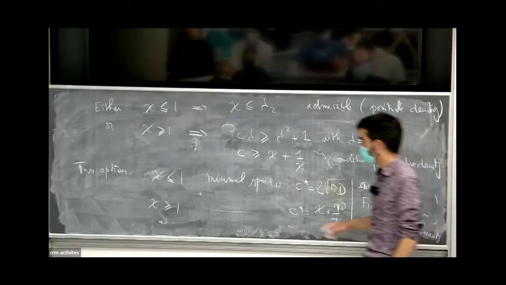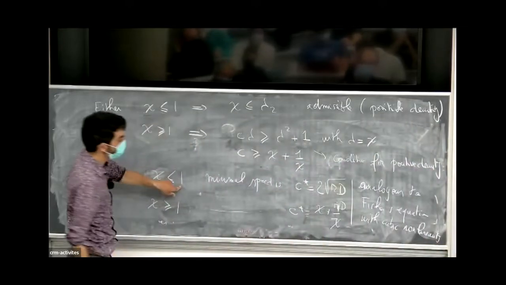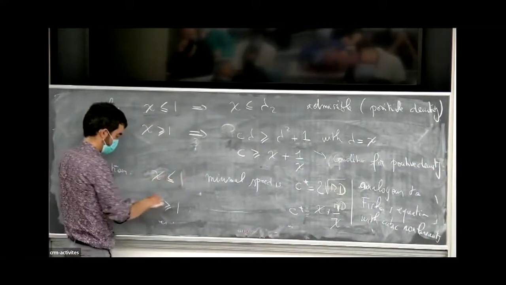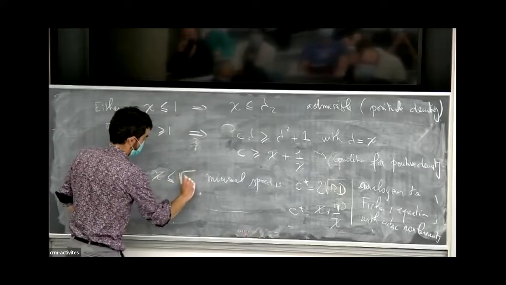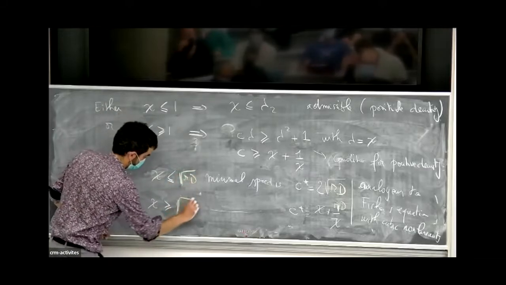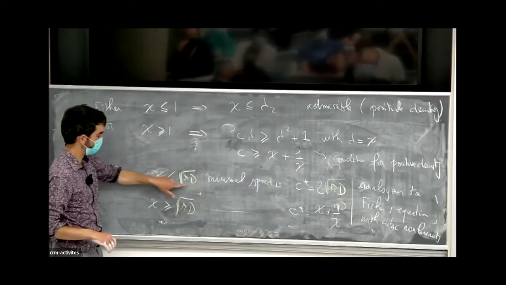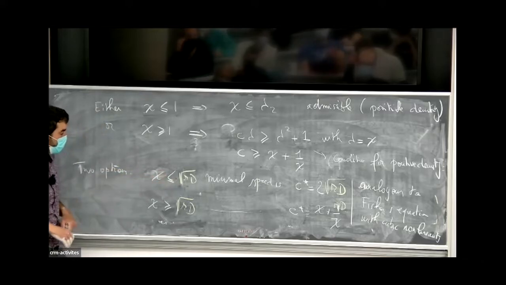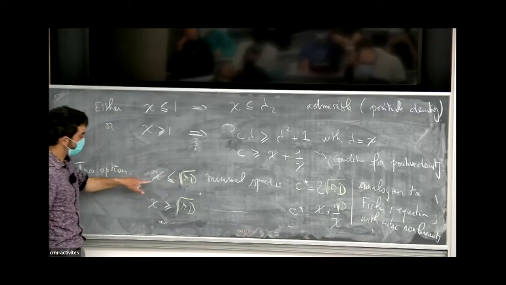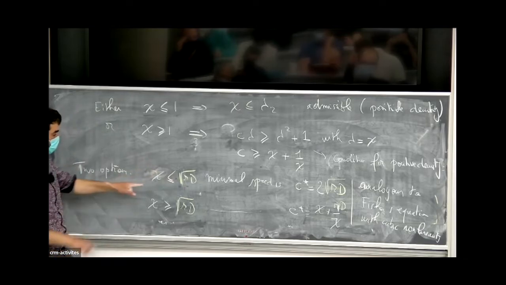But it's too small, but not compared to 2 or to root RD. This one is the root RD. It's not compared to 2, but it's compared to half of the KPP speed. For some reason, which I don't claim I have a good explanation for, there is no 2 here. Intuitively, you would say that you would compare the drift with the speed, but it contributes only half.